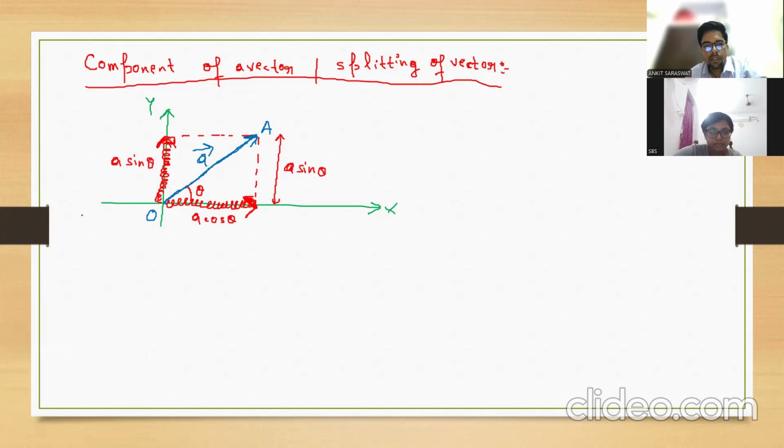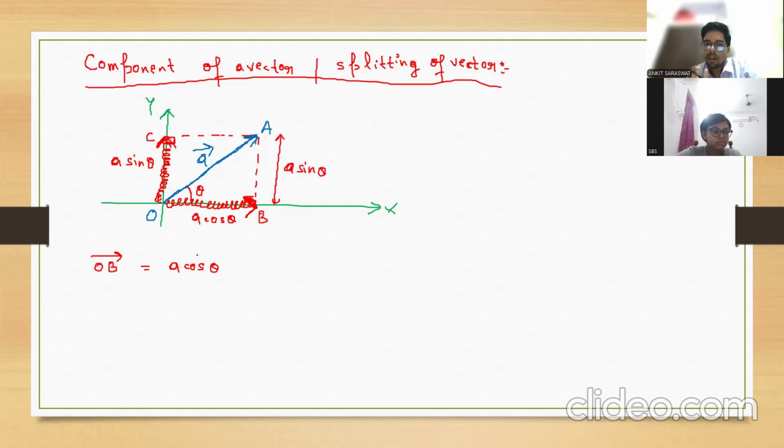Now, if I ask you how to write this projection? These are vectors, because they have magnitude and direction. Now, for example, this is B, this is C. So I want to write the OB vector. I know that its magnitude is A cos theta and it is moving along x-axis. When this OA is moving like this, then this A cos theta is moving along x-axis. If you don't know the direction, then we take the help of unit vector.